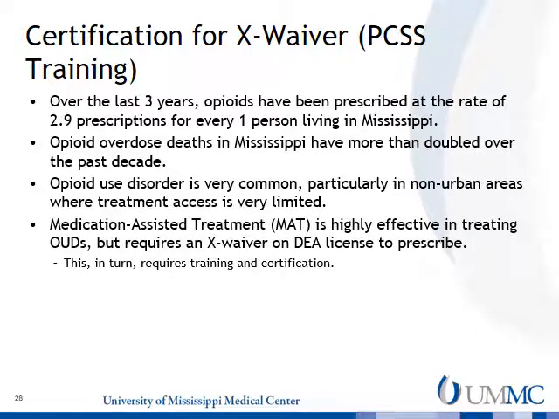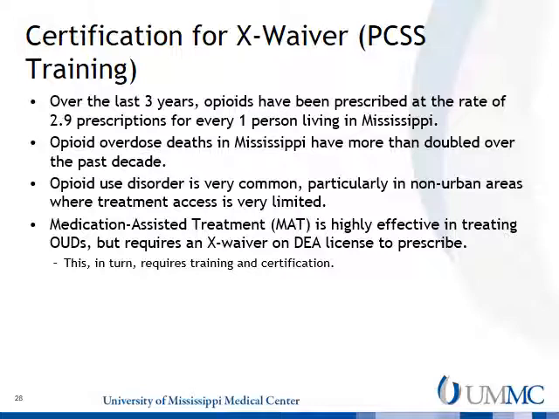One of the best treatment approaches to opioid use disorders is medication-assisted treatment, or MAT. However, MAT requires an X waiver on a DEA license to allow for prescription of drugs such as Suboxone. Holders of this waiver are very scarce in exactly the rural areas where they're needed most.